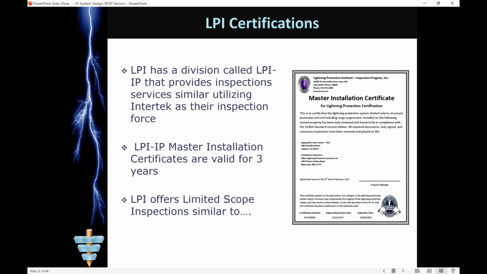So if nothing on the rooftop has changed, the system's good for 5 years or 3 years. If there's something added that lightning could flash over to and compromise the system, then it needs to be properly bonded and corrected and then re-inspected.